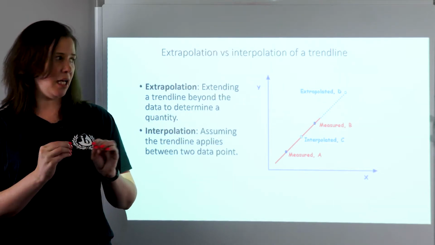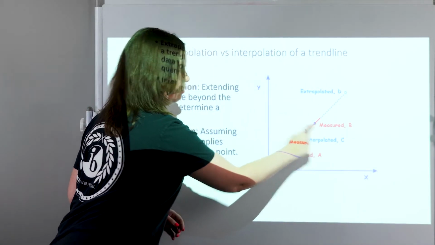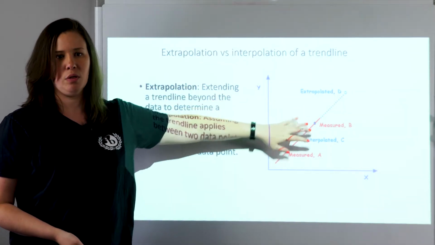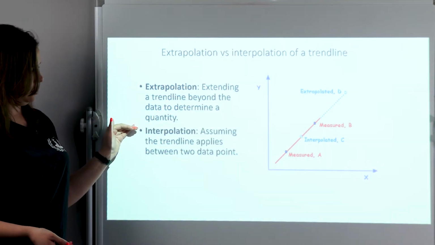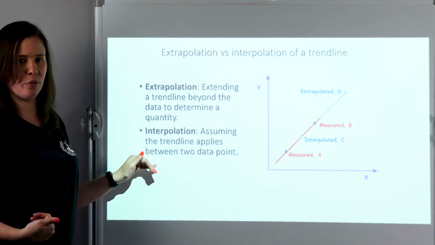If you are inside of the data points, so we have actually plotted data, that would be the A and B points here. If you're between 2 points, we would call that interpolation, assuming the trend line applies inside or in between the data points.